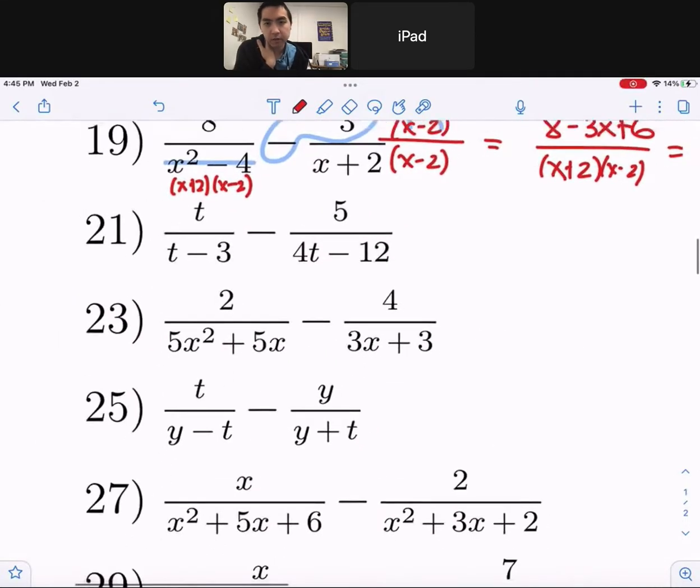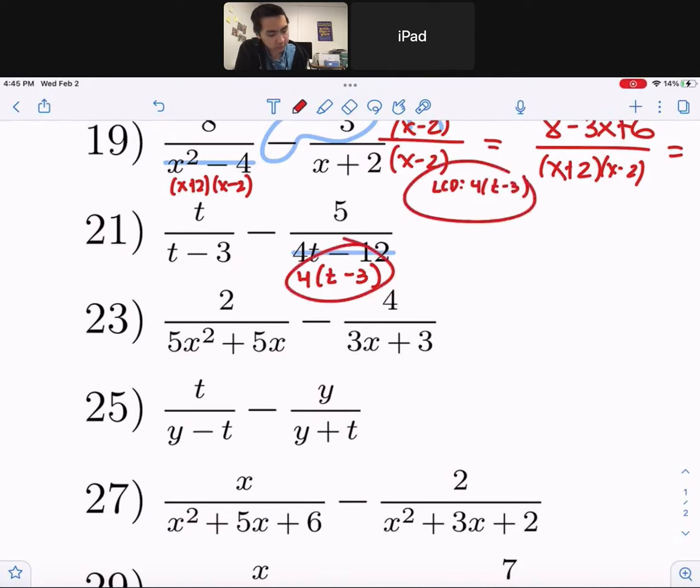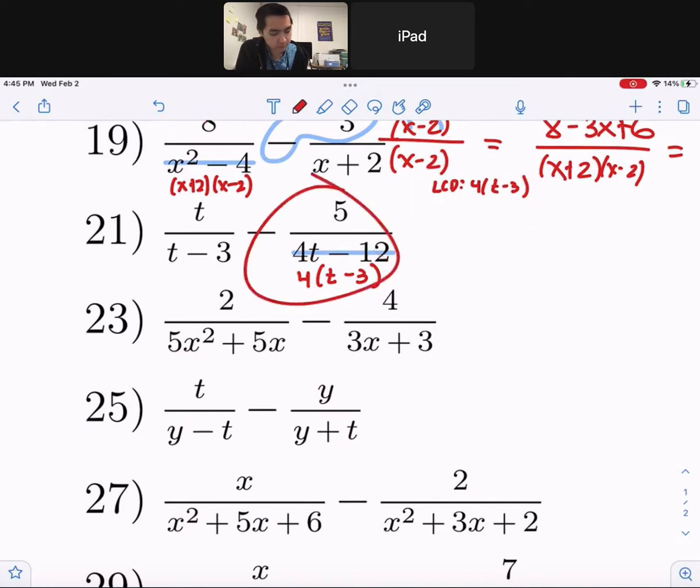21. Now, this is subtraction, so we need both denominators to be the same. Something you could recognize is you can factor out a 4 from there to get t minus 3. Now the LCD is 4 times t minus 3. This and this are the same, so we don't need to touch this fraction.